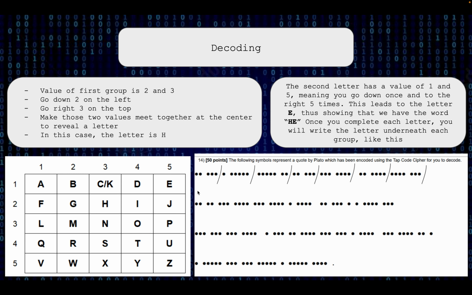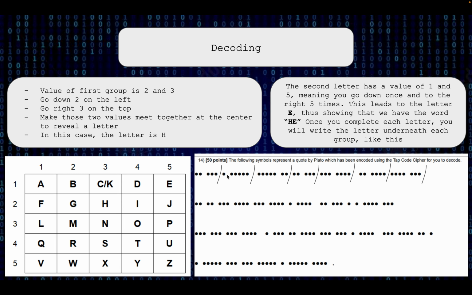Then you want to recognize the second value of dots, which is 3 in this case. Using that information, you can go right on the x-axis, which is the horizontal axis of the grid, and look at 3. Since you have the numbers 2 and 3, you want to make those 2 numbers meet in the middle. So keep going right and down until you meet. In this case, the letter we have is H.